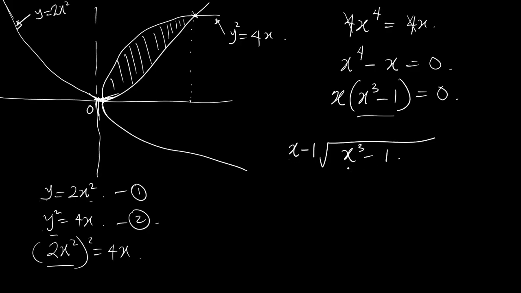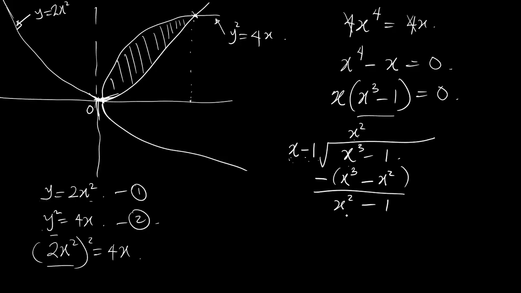So x cube divided by x gives you x squared. Using x squared to multiply x minus 1, you have x cube minus x squared. Now let's subtract, and this will cancel out. This now becomes x squared minus 1.